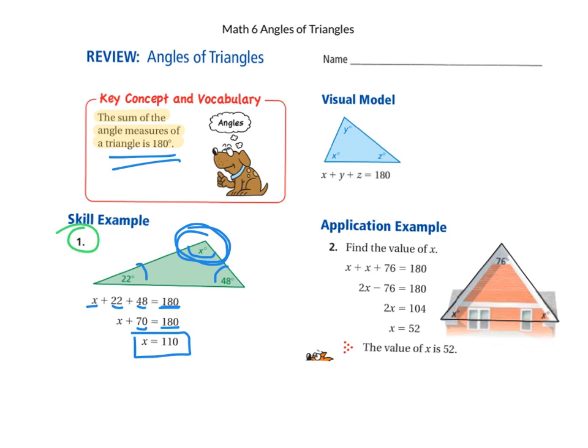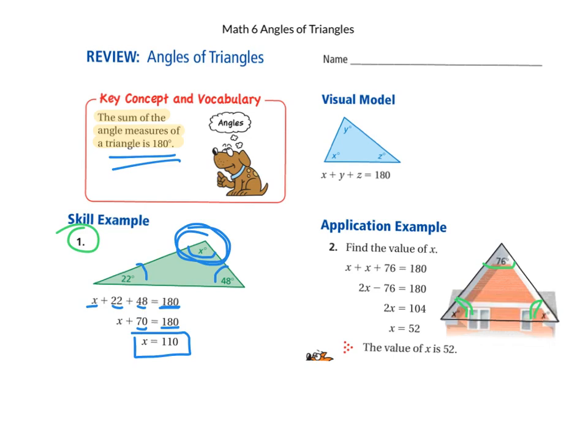Now this is actual real life stuff that you will use in the world. This is the top of a house. Look at example 2. And you can see here that they give you this angle at 76, but then these two angles they don't tell you. Well, they did label them with the exact same variable, x, meaning that these two angles here equal each other.